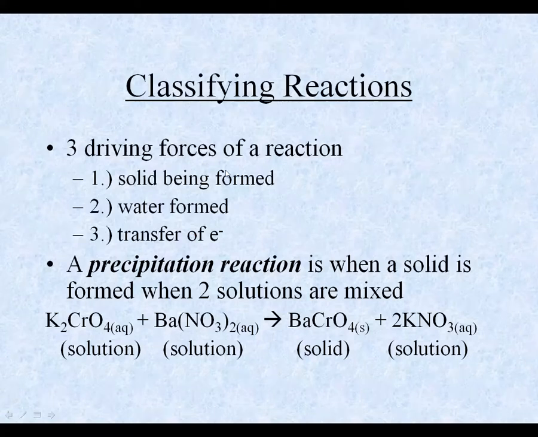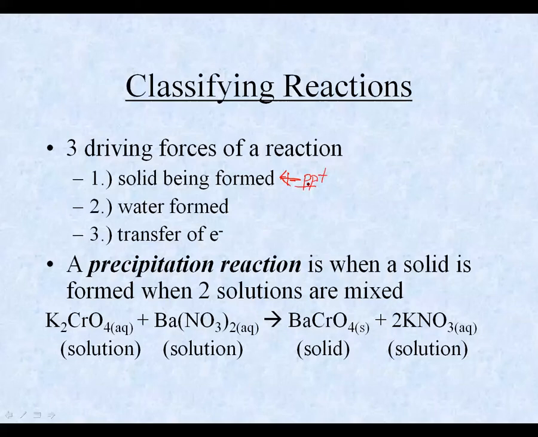Okay, so we've been talking about types of reactions and different ways to classify reactions. So remember that when we look at a reaction, there's really three driving forces, as we see on the screen here, as to what wants to make a reaction take place. The first one is the formation of a solid, which, as we talked about at the beginning of this chapter, is really a precipitation reaction.